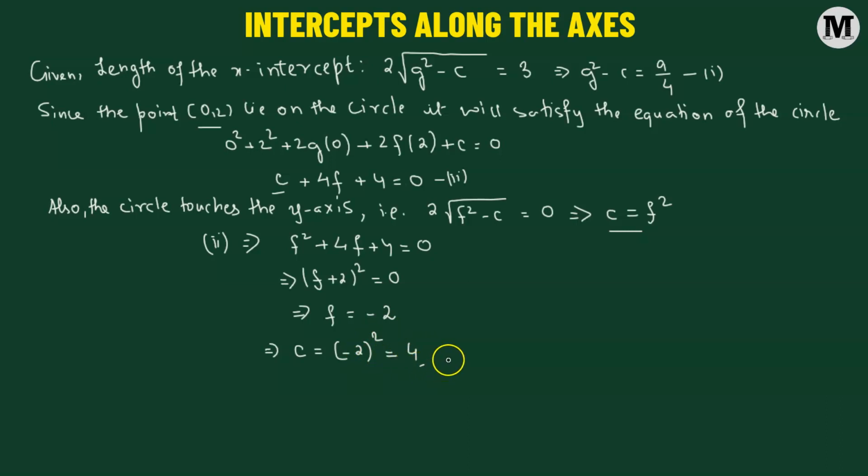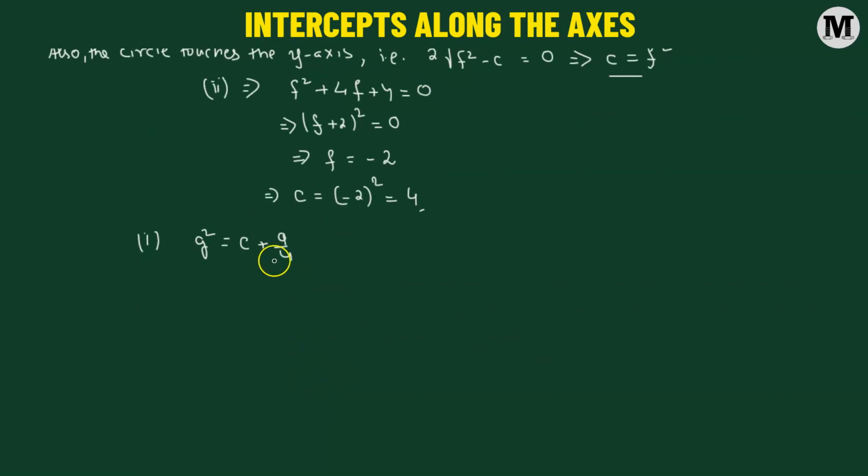Now that we have the value of c, we can find the value of g using equation number 1. So g squared will be equal to c plus 9 over 4. We replace the value of c with 4, so g squared equals 4 added to 9 over 4, which is 25 over 4.